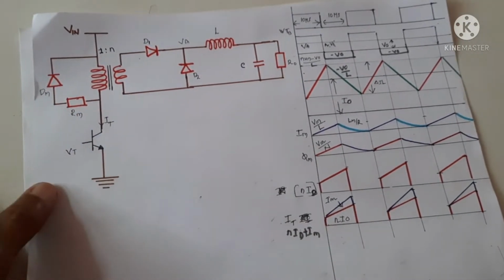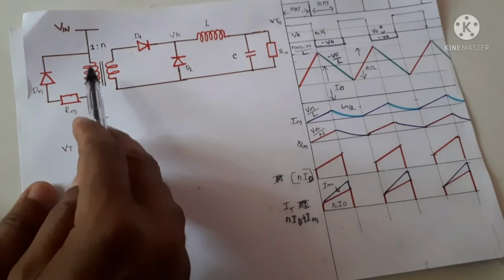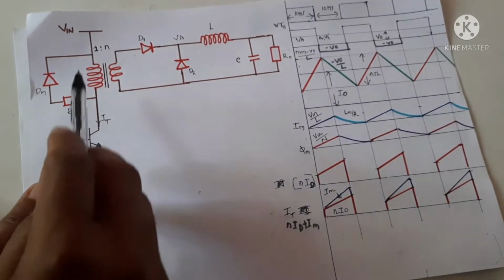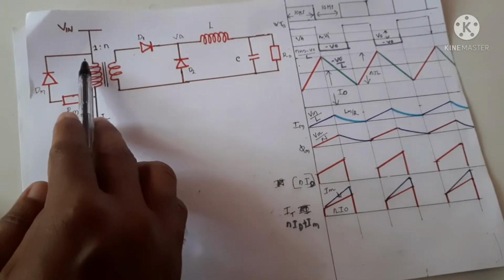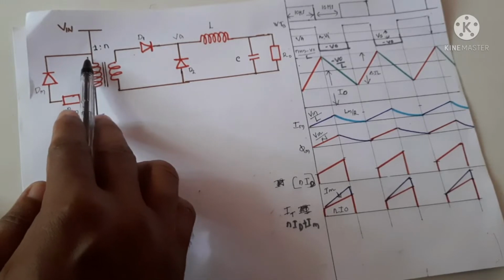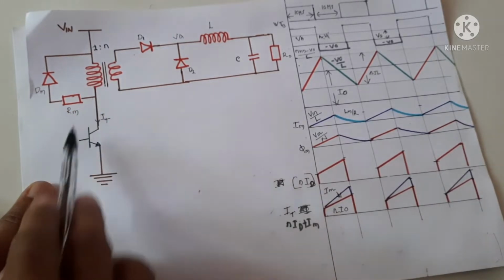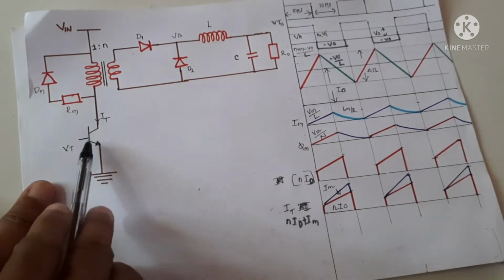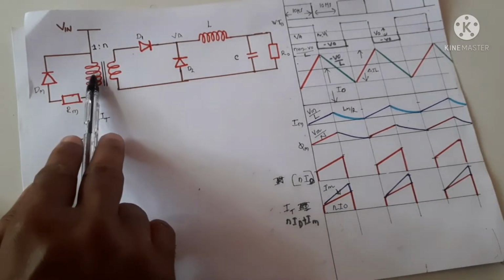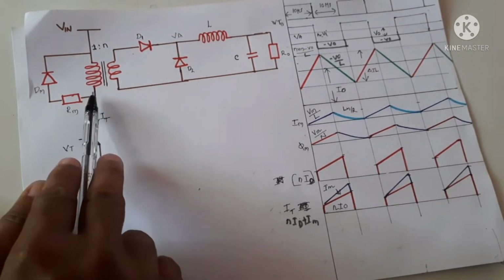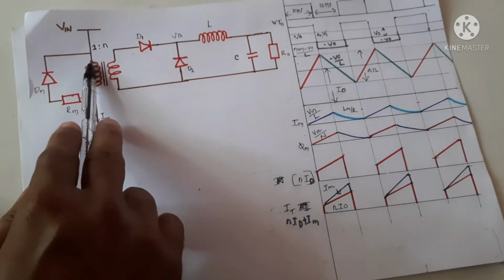In order to reset, we have to give a path. When we turn on the transistor, the polarity of the core is plus on this side and minus on this side, because this is ground. When we turn off this transistor, the polarity gets reversed, and plus will be here and minus will be here.